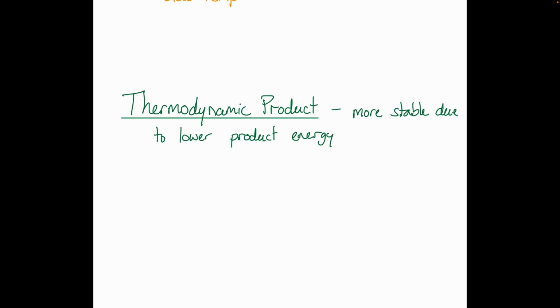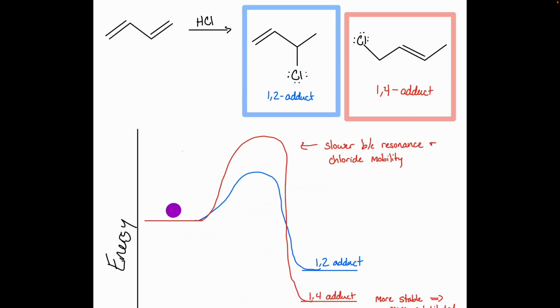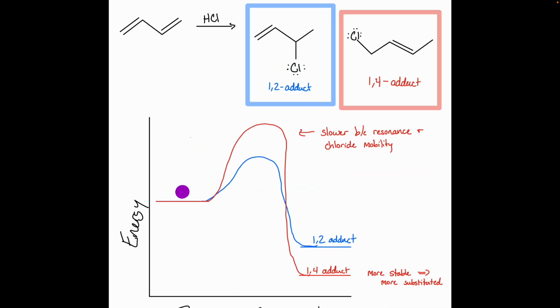Our thermodynamic product is the one that will form at high temperatures, because now we've got a lot of thermal energy. Our marble can jump over anything it wants here.